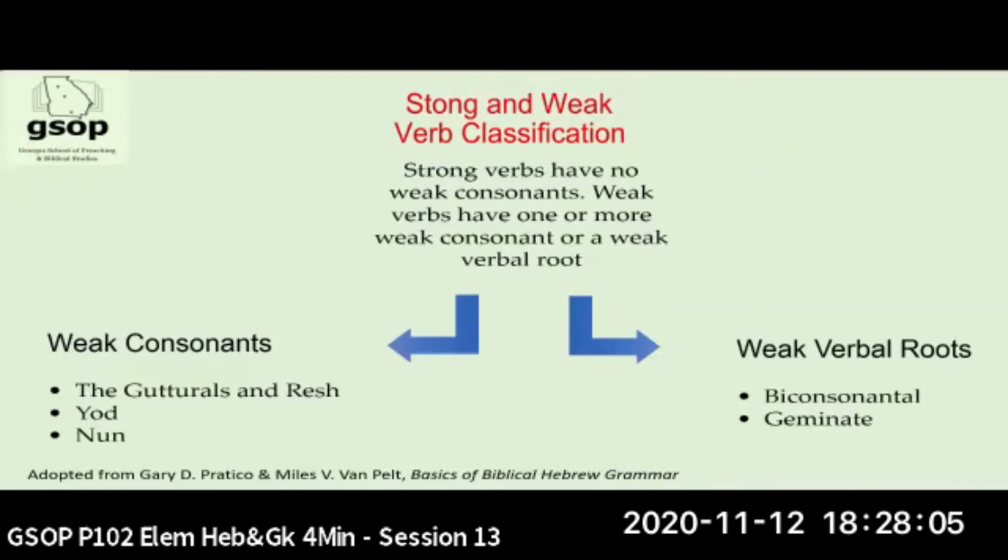And then, of course, we have not gone, nor are we going to go into weak verbs. We talked about strong verbs. Strong verbs is where the consonants are considered strong. There are certain consonants, such as the gutturals, the ayin and the aleph, sometimes the resh. What are the gutturals? I'm going blank. Ayin and aleph, hey and het.